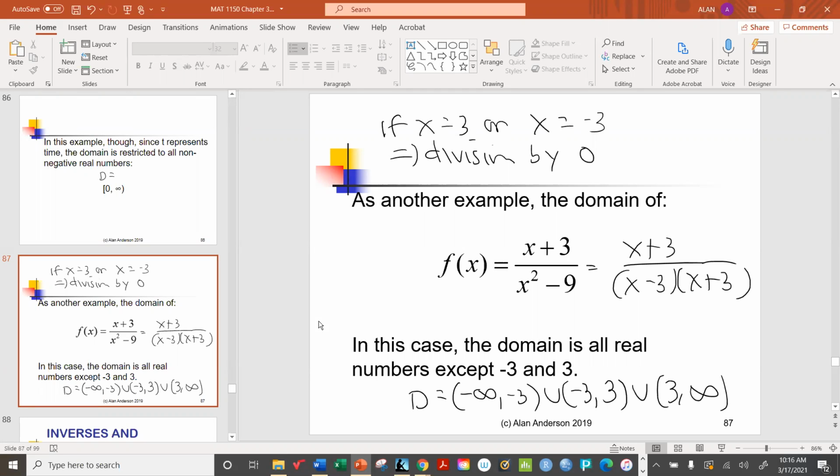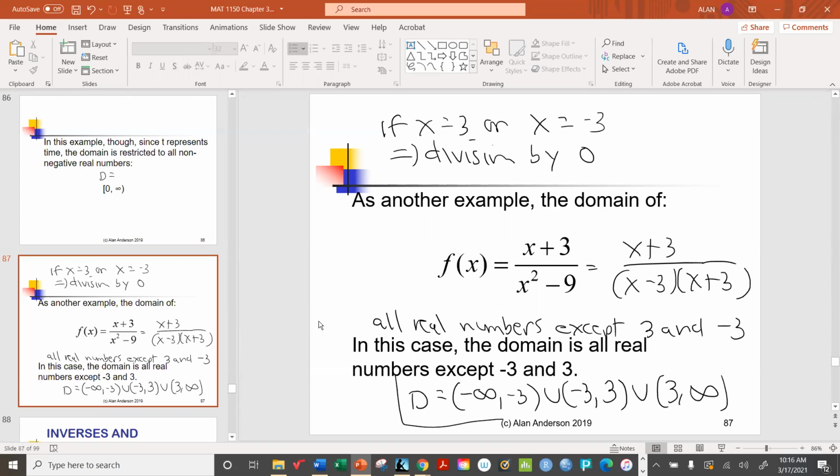So the way this is written, it's meant to indicate that it's all real numbers except 3 and -3. So in English, you're basically saying anything can get plugged into this equation except 3 and -3.